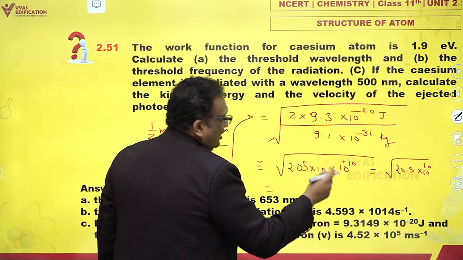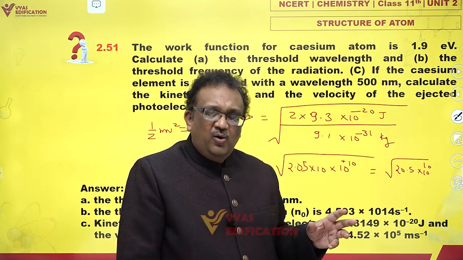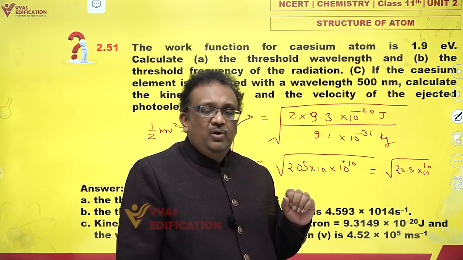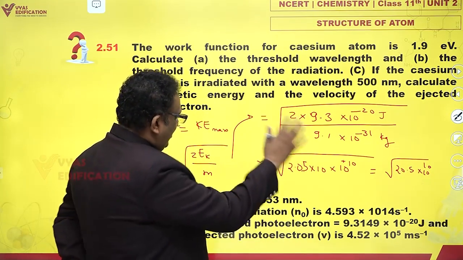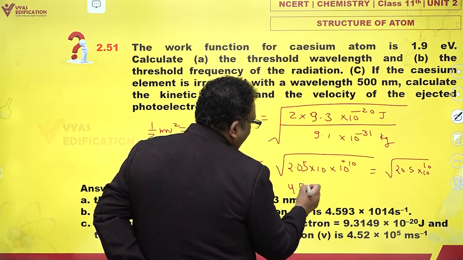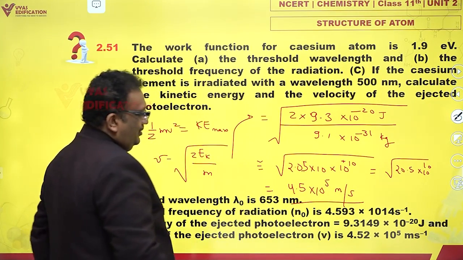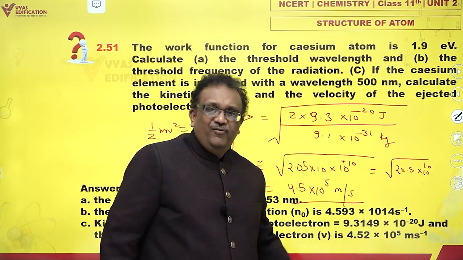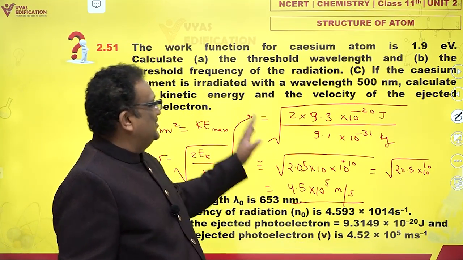You leave it out. Root of 20.5. 16's root is 4. What about 4.5? 4.5 squared is about 20.5. Yes, roughly. So 4.5 into 10 raised to 5 meters per second. We are very close. 4.5 is good enough. This is what we get.